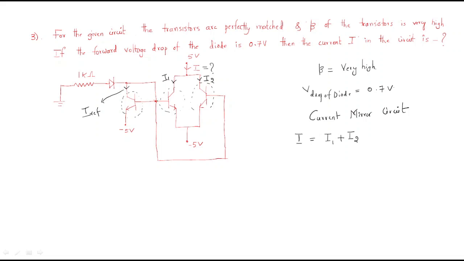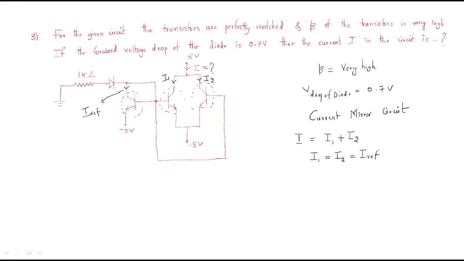In order to find this current, first we need to find the reference current, and both currents I1 and I2 will be equal to the reference current. So to find this reference current, we have to do the calculation.